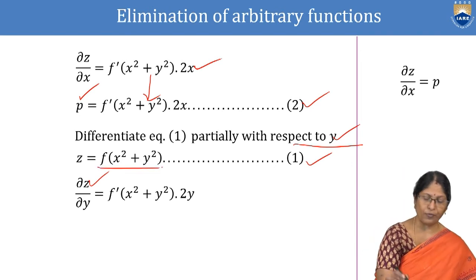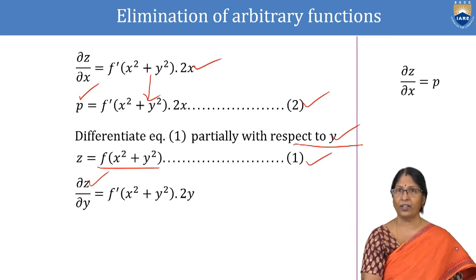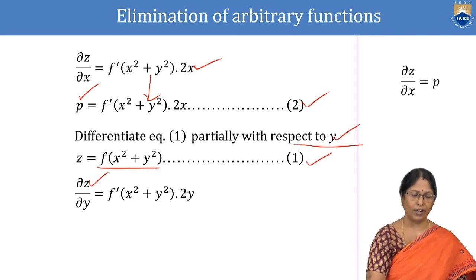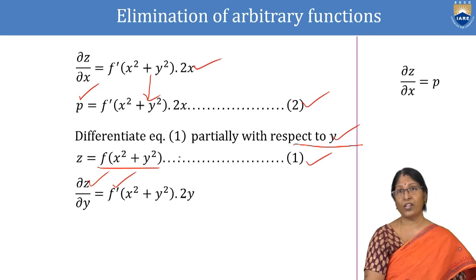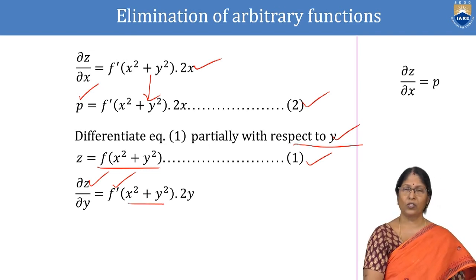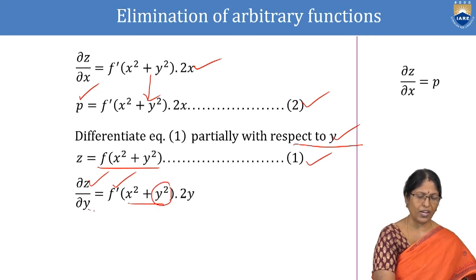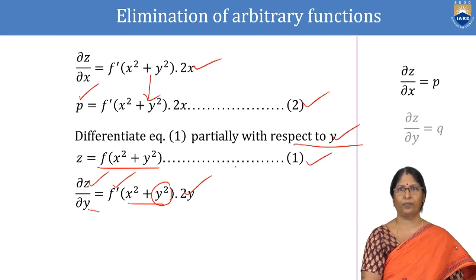So f of some term, the variables are x and y. It's nothing but f dash of the same term. So again, f dash of the sum term. x square is neglected as we are differentiating with respect to y, so that gives 2y.